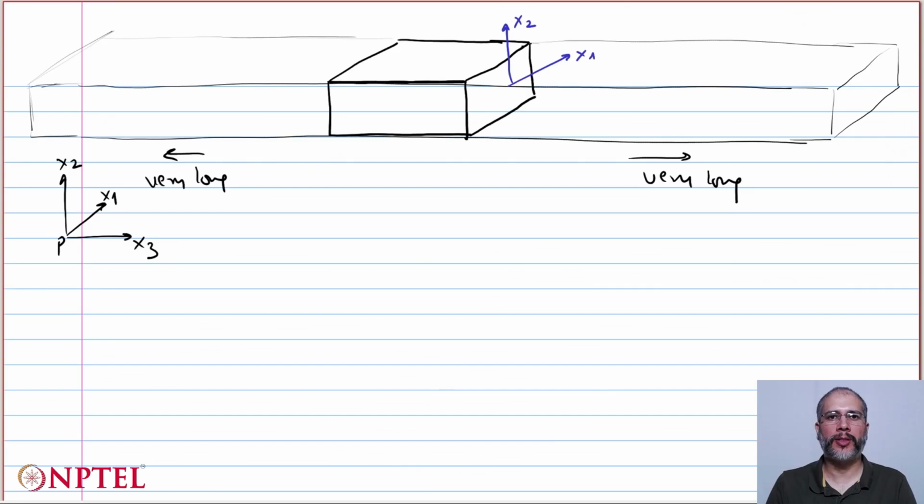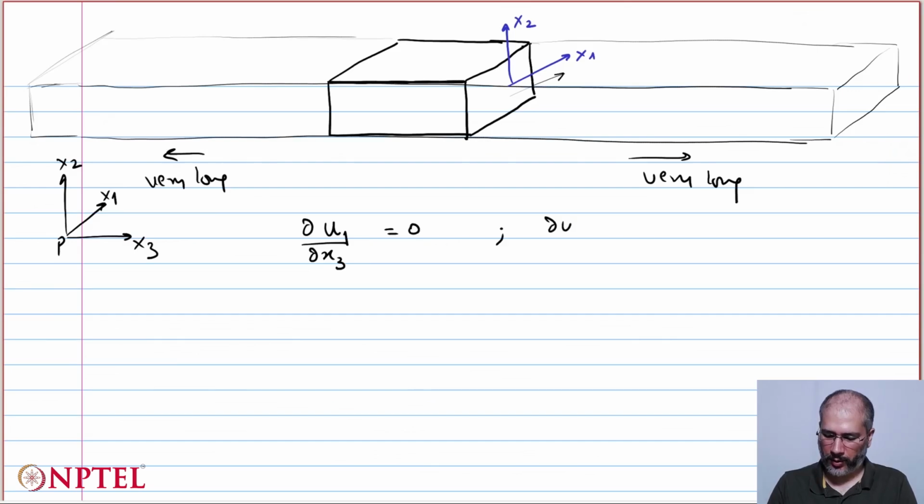So all cross sections should behave in a similar fashion. So I can say that the displacement in the x1 direction, which is points on the bar moving in this direction, should not be a function of x3. So another way to say that is partial u1 by partial x3 is 0.